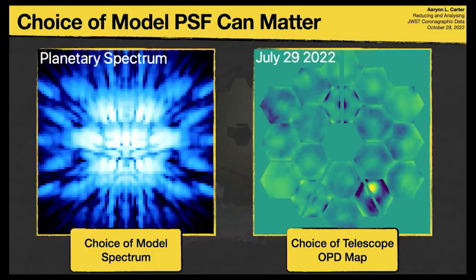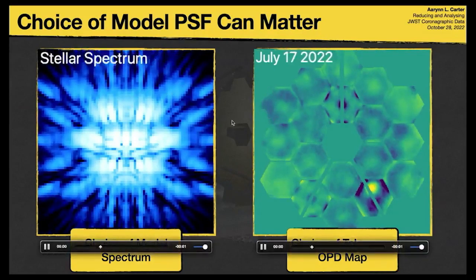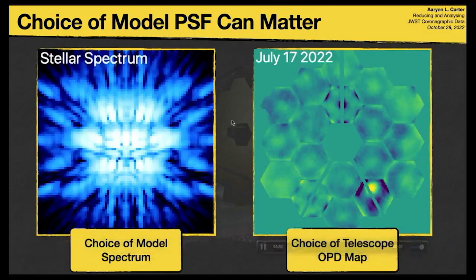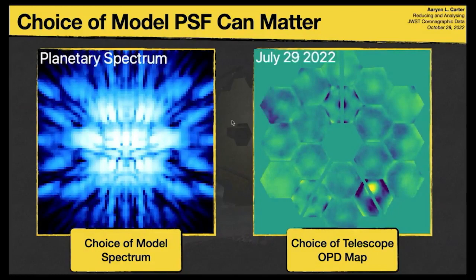But you do want to be careful with how you set this up, and you can do this in spaceKLIP. You can tell it what date to look at. But you want to pick something that's representative of the wavefront at the time of your observation. At the moment, we can really just do a particular OPD map, but maybe in the future we can incorporate something more complicated, like interpolating between different OPD maps to get something representative of the time of the actual observation.